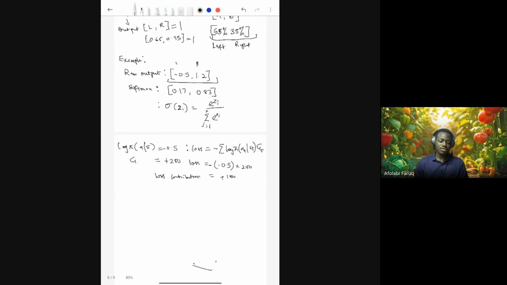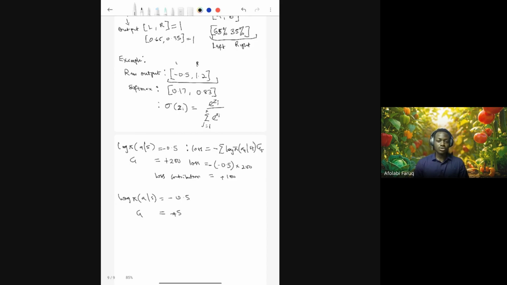Okay, so now the second scenario we'll be looking at is this. Let's say the log pi of a given s equals minus 0.5 and the return G equals plus 5.